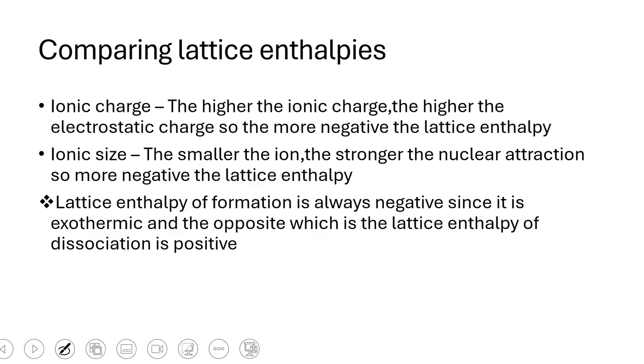So if it is comparing Mg2 plus with Na plus, since magnesium has the higher ionic charge, it will have the higher electrostatic charge. Therefore, it will have a more negative lattice enthalpy.